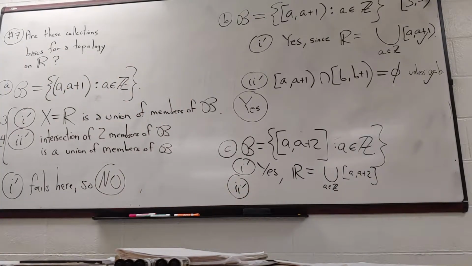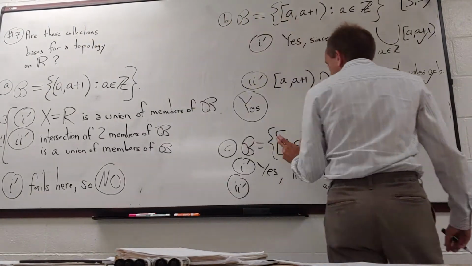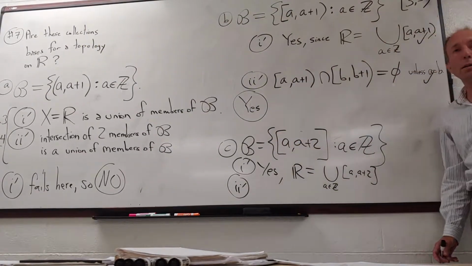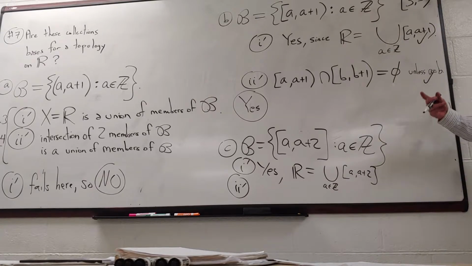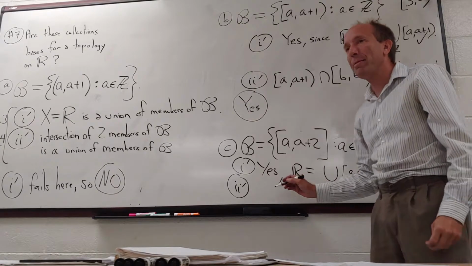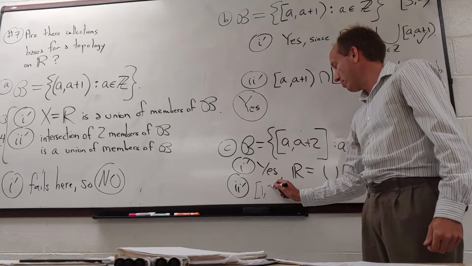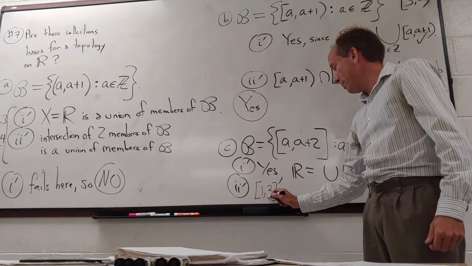If I intersect two of these together, will I get a union of things like that? No. Take consecutive ones. Give me an example. A is 1 and A is 2. You get 1 to 3, that's in the basis.